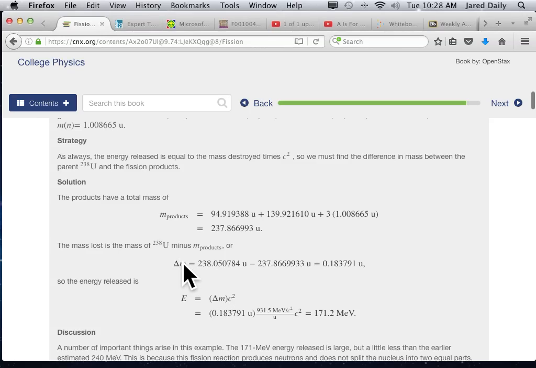So you take that delta m, put it in your equation with c squared, and we're using c squared equals 931.5 mega electron volts per c squared per atomic mass unit. So it's a funky way to say the speed of light. But once you've multiplied those two together, you get the amount of energy that's released, which is 171.2 mega electron volts. So every time uranium-238 goes through a fission process, it releases this many mega electron volts of energy.